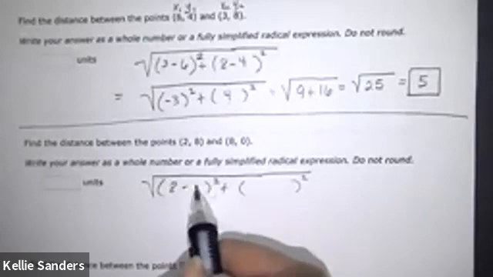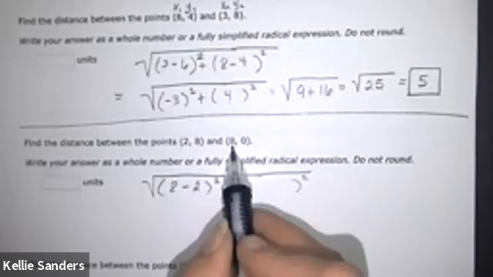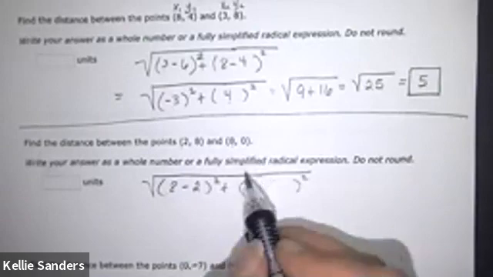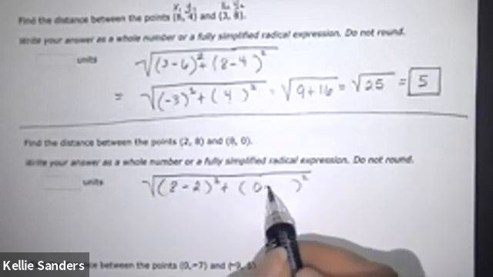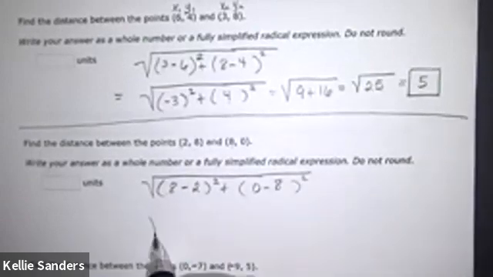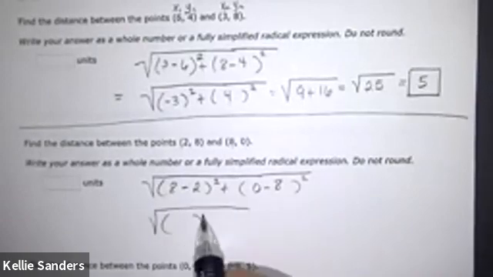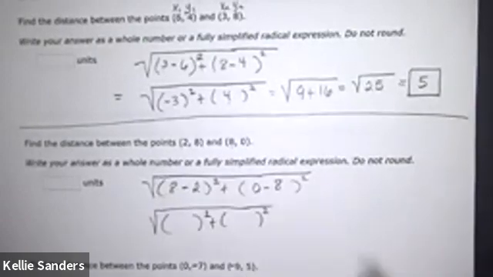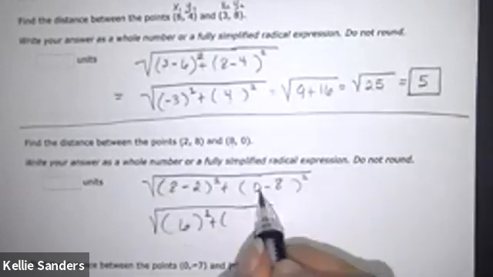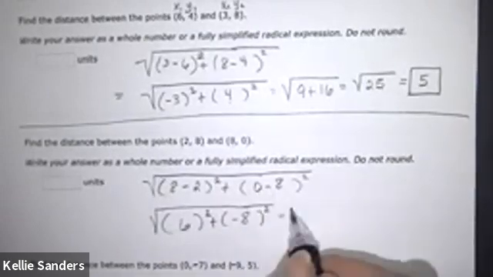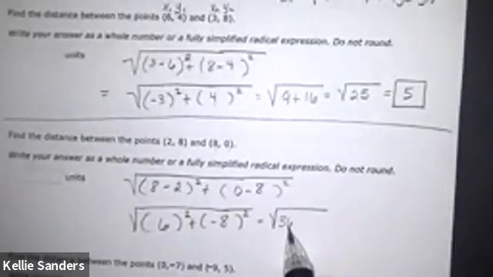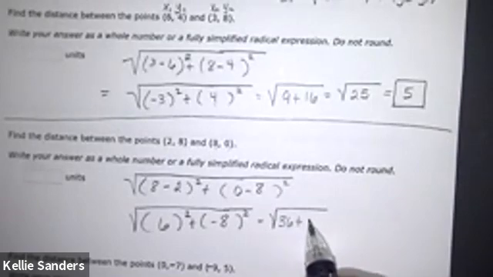X2 minus x1, y2 minus y1. 8 minus 2 is 6, 0 minus 8 is -8. 6 times 6 is 36, -8 times -8 is positive 64. 36 plus 64 is 100. What times what is 100? 10.